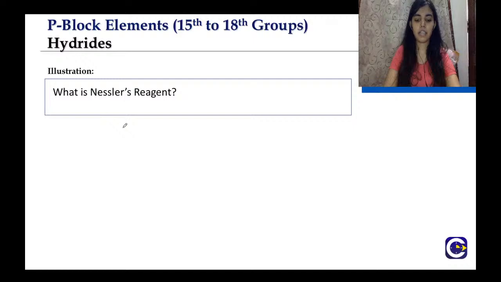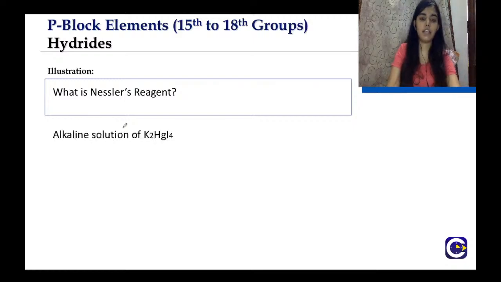Come on guys, we have already done this only 2 minutes before, I guess. Yeah, Shivranjani, very good. Alkaline solution of K2HgI4 is known as Nessler's reagent. Very good.